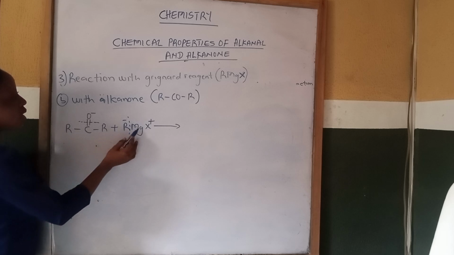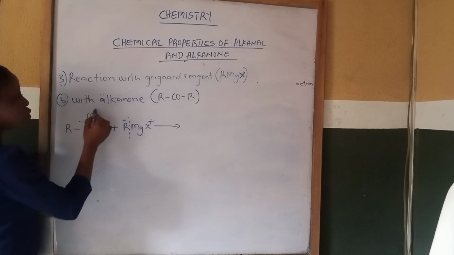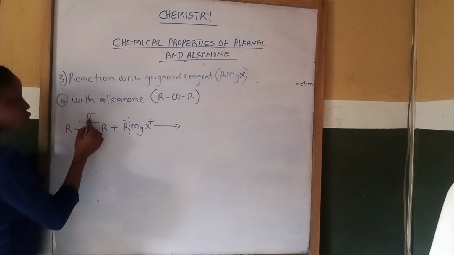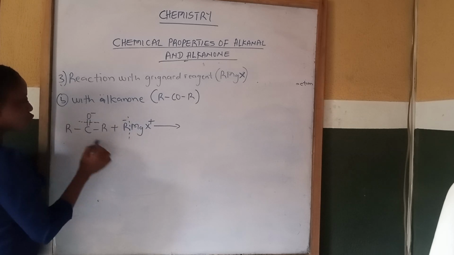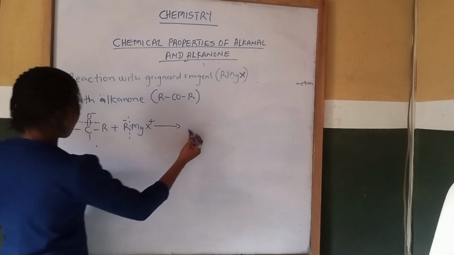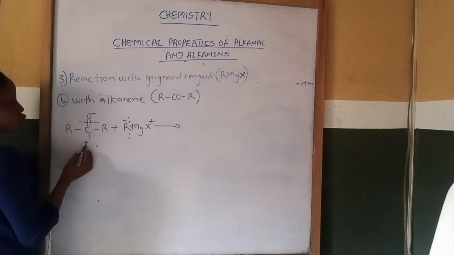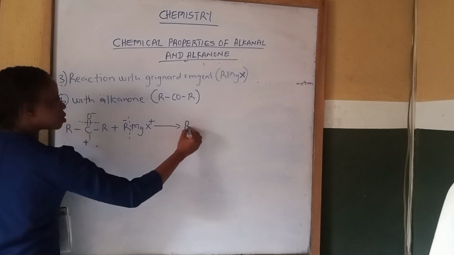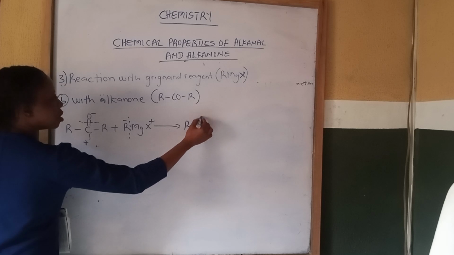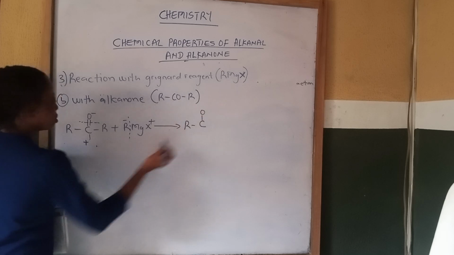So therefore, MgX will combine with O, and the R will combine with this side. Our product is positive now because the double bond has broken. So we have R, C, then one oxygen.